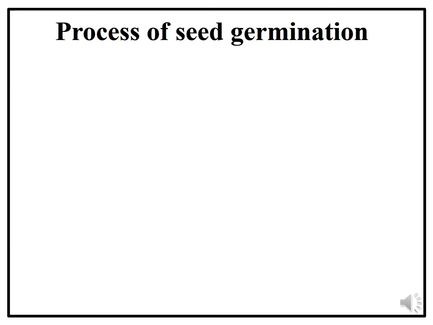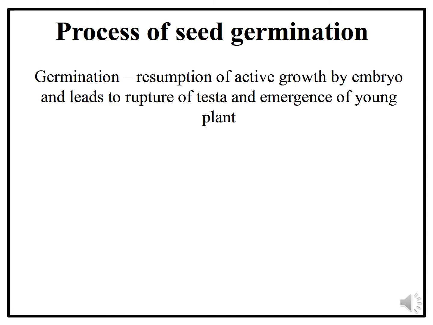You also need to know about the process of seed germination. So what happens after you've planted seeds? Germination is basically the resumption of active growth by the embryo, and it leads to the rupture of the testa and the emergence of a young plant.